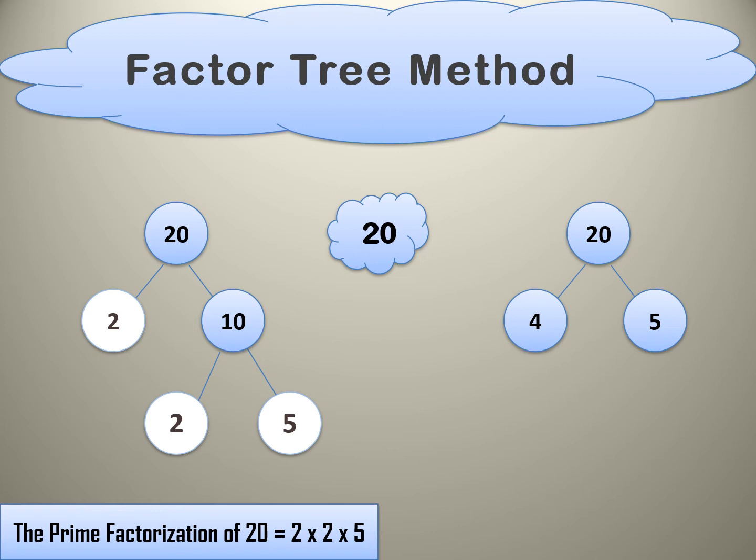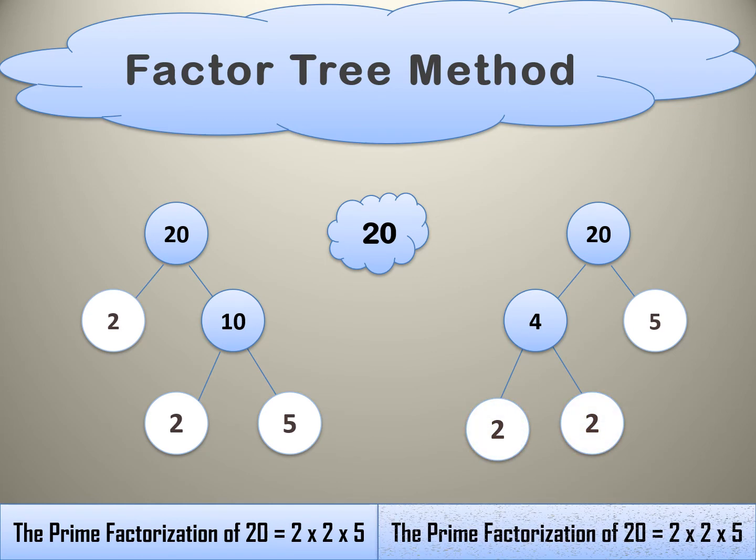Are 4 and 5 prime numbers? Well, 5 is prime, but 4 is not. 4 can be factored into the primes 2 multiplied by 2. So the prime factorization of 20 is 2 multiplied by 2 multiplied by 5. And they are the exact same ones that we got the first time. That means no matter which way you start factoring, you will always end up with the same group of prime factors.